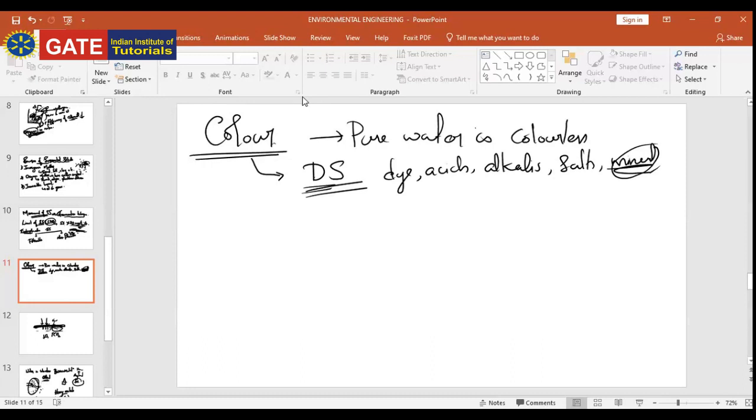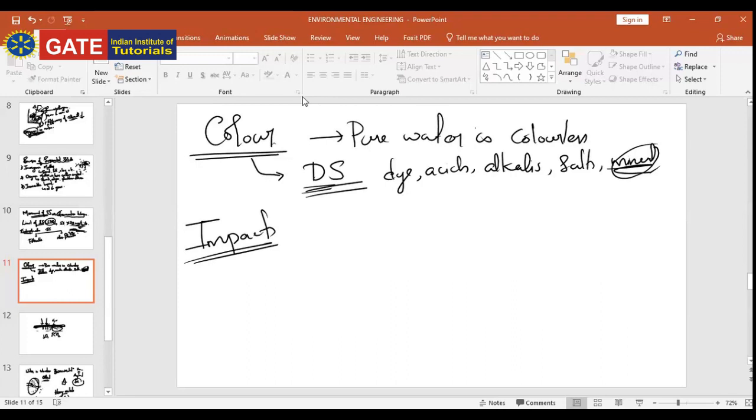Now, what are the specific impacts of having color in water? Why can't we drink a colored water? If I am giving you a pale yellow colored water, will you drink it? If I am giving you a green colored water, even if it looks beautiful, will you drink it? No. Why? You may doubt or suspect some composition which is different from that of water, right?